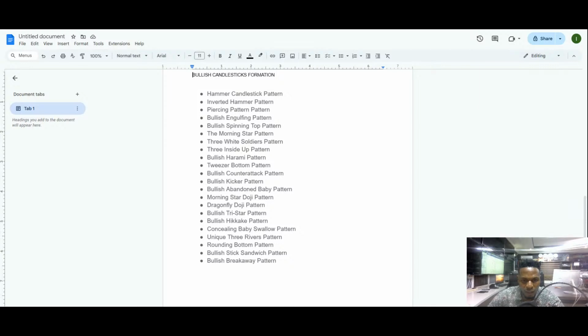This should be hikkake, hikkake. Then concealing baby swallow, unique three rivers, rounding bottom, bullish side-by-side sandwich, breakaway pattern. All right.